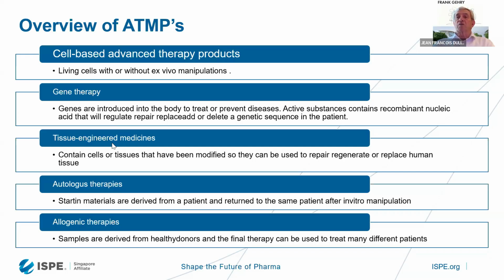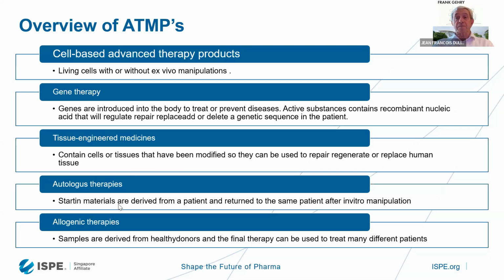We can use as well tissue engineering medicines, which contain cells or tissues that have been modified so they can be used to repair, regenerate, or replace human tissues. And this is very often used now for people heavily burnt during some fires, and we can reconstitute their skin with tissue engineering products.